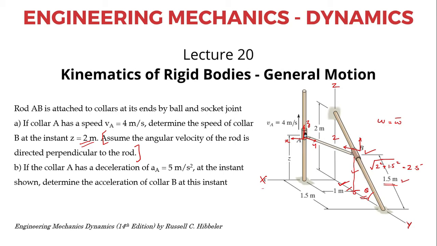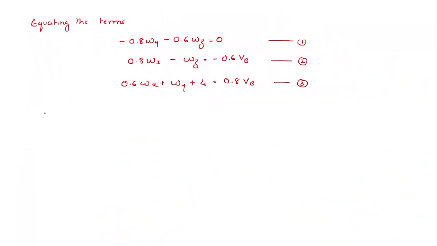Or in other words, I'll just write it down here, since angular velocity is perpendicular to the rod, I can state that omega vector dot rho vector, the dot product of both these vectors, will be equal to 0.